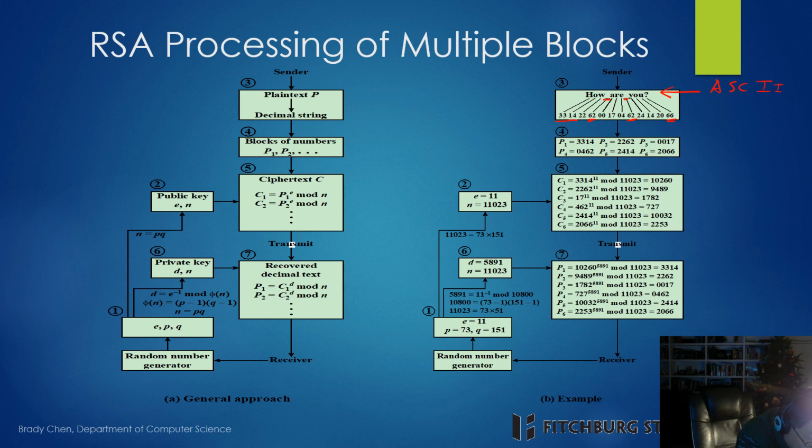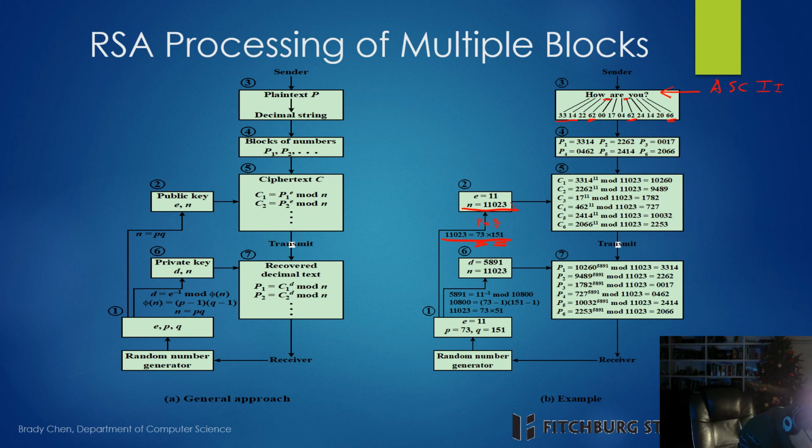Now let's pick the value n and the two keys. The number n we pick is 11,023, which is the multiplication of two prime numbers, 73 and 151. That's the p, that's the q.